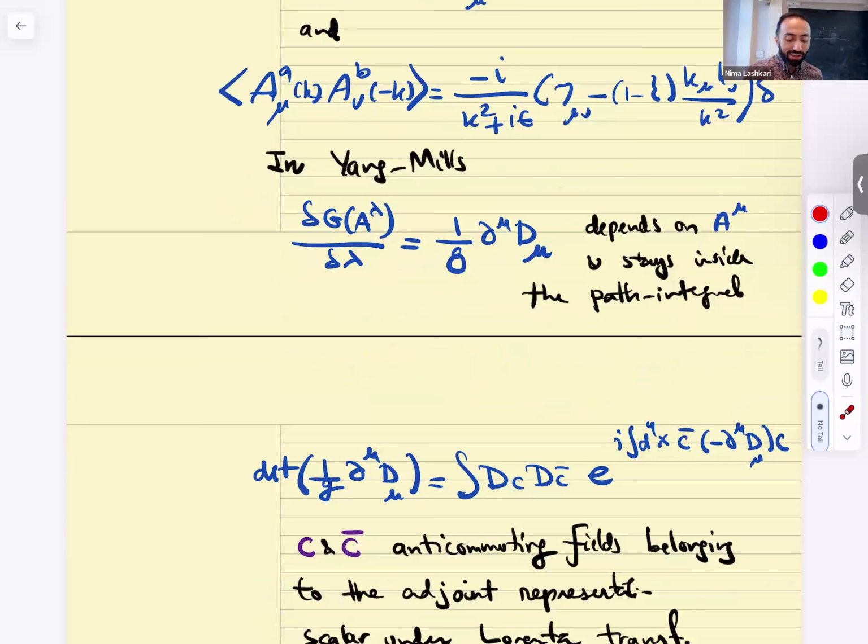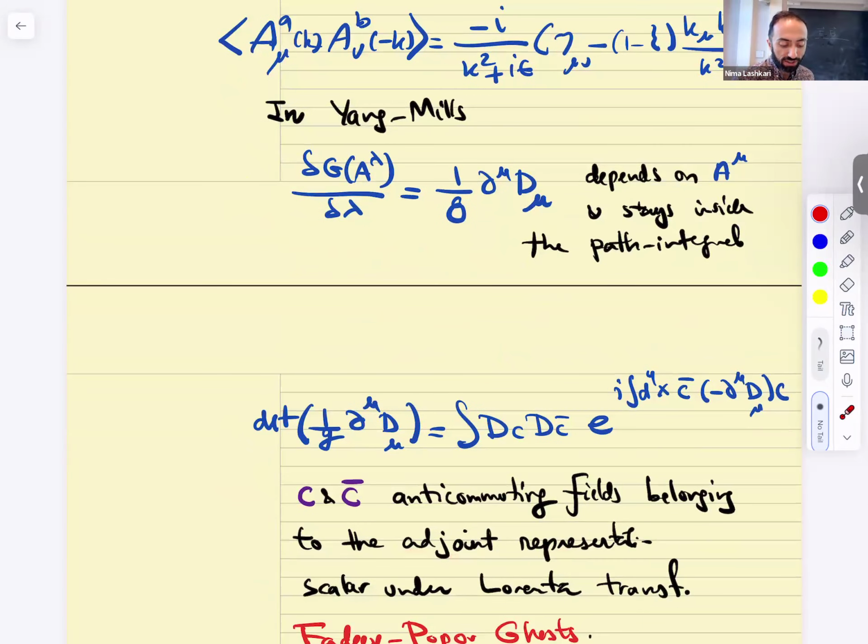In fact, a good way to deal with this is to take this determinant and write it as a path integral over dc bar. These are anti-commuting fields that belong to the adjoint representation and are scalar under Lorentz transformations.